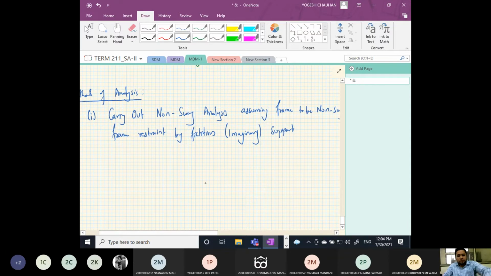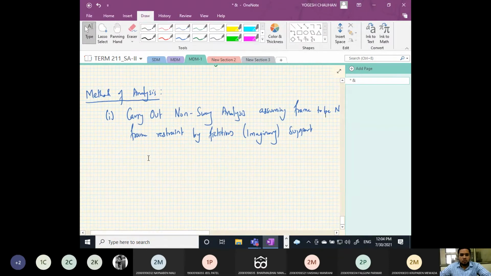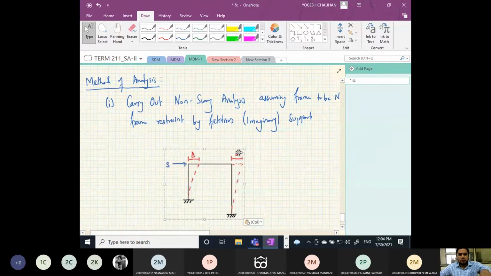Say for example, let us say we have this frame. You assume some fictitious support. Let us say this is the frame. Now this frame is a non-sway frame.